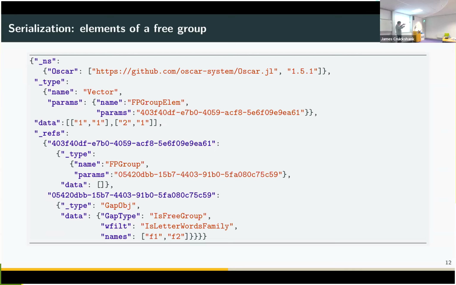That's the idea of serialization, and one can see that this can be nested arbitrarily deep if the objects get more complicated, but in principle this is a recursive process which works. Okay, so this is the format which OSCAR currently provides, and that's what we can offer.